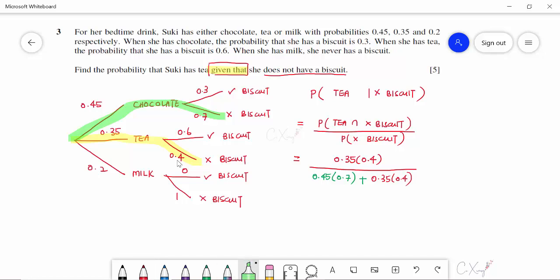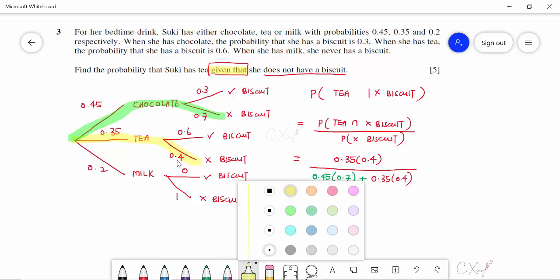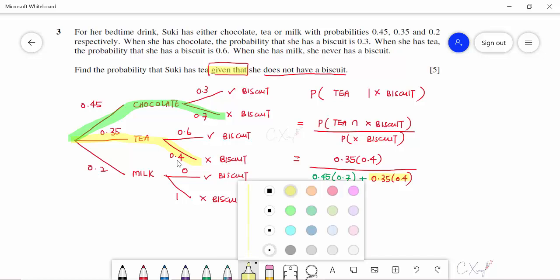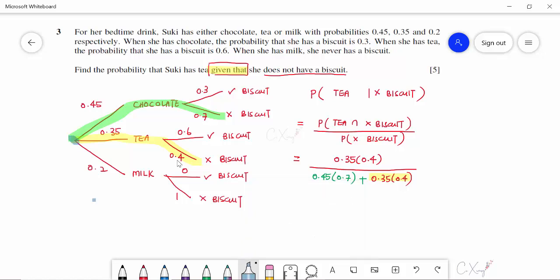So that will be actually our second outcome. And also the third one for not having biscuit will be milk, and then not having biscuit is this one. So if you want to write out the probability, it should be 0.2 multiplied with 1.